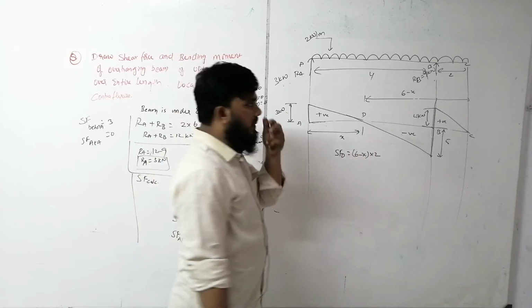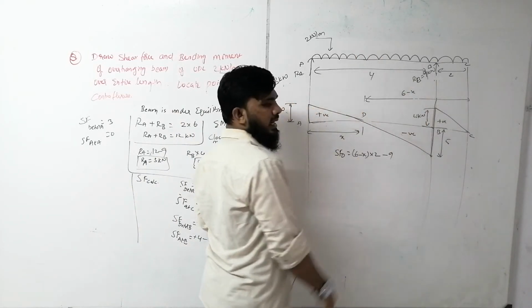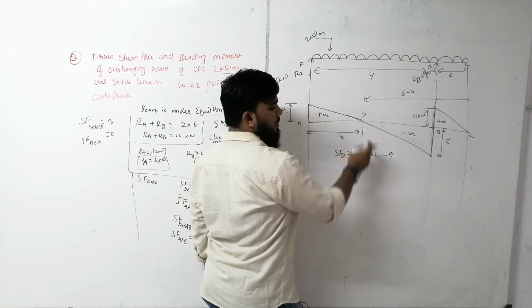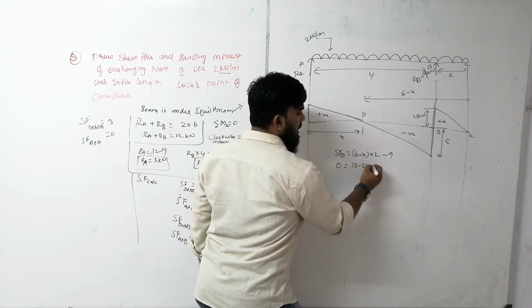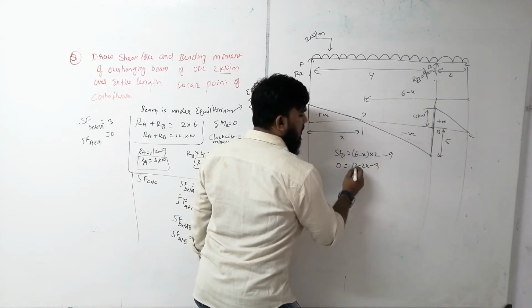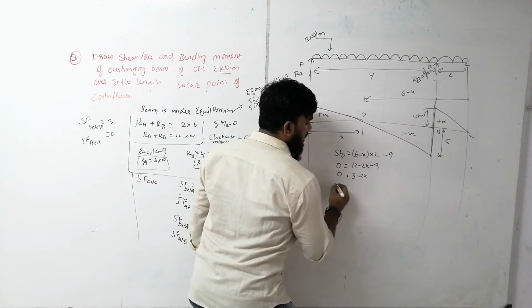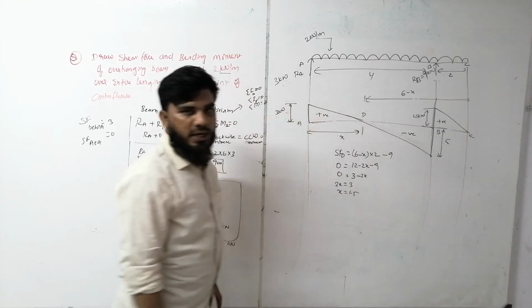So 2 into 6 minus x, minus 9, because 9 is acting in the upward direction. The shear force at point D is 0, equal to 12 minus 2x minus 9. 12 minus 9 is 3 minus 2x. 2x is equal to 3, x is equal to 1.5.